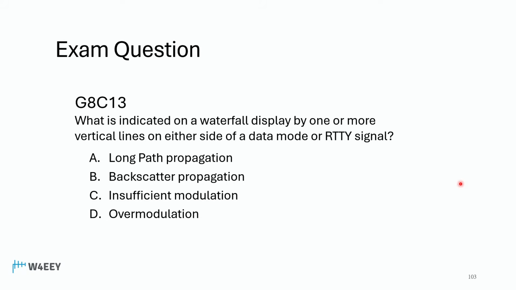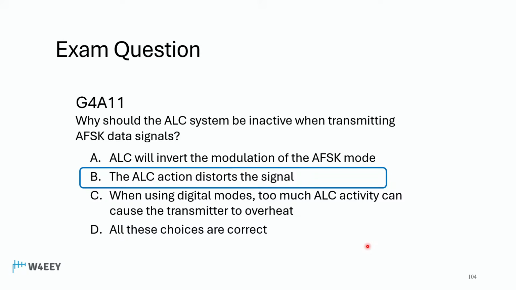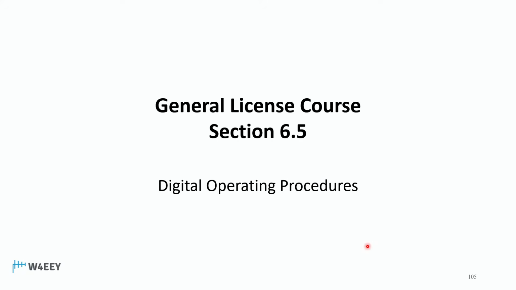Delta. Overmodulation was our good, bad, and ugly diagram. Why should the ALC system be inactive when transmitting AFSK data signals? Bravo. ALC action will distort the signals. Very detrimental with the digital modes.